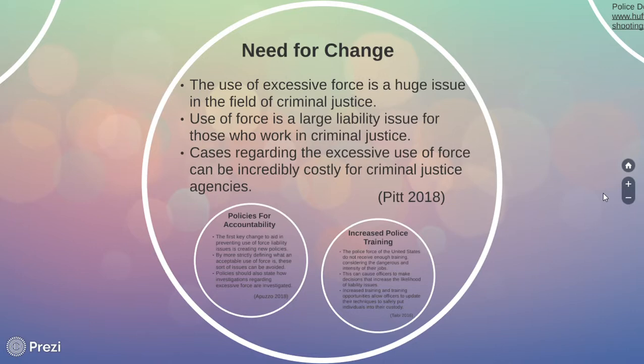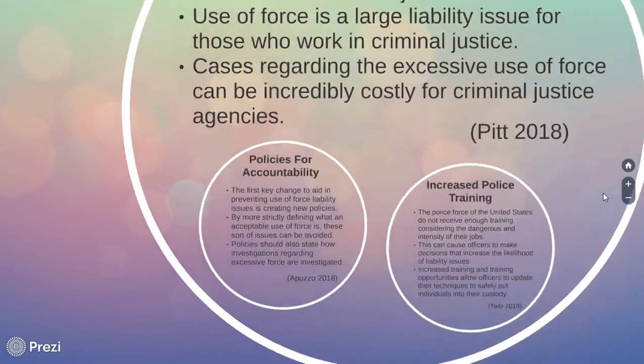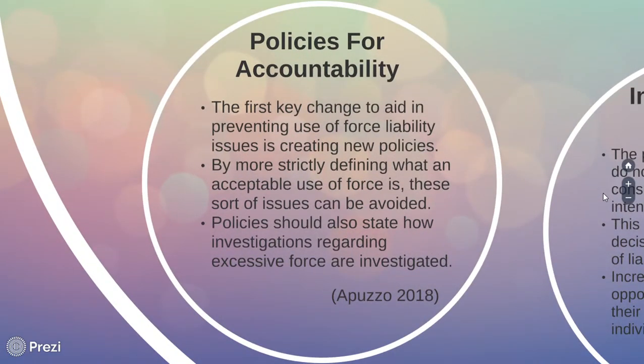So what are some possible solutions for this issue, or something to make it a little less bad? Of course, there needs to be accountability for officers who violate that term of excessive force. They have to be handled. Investigations have to be done into these excessive force cases.